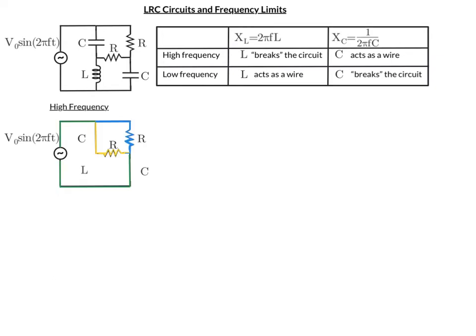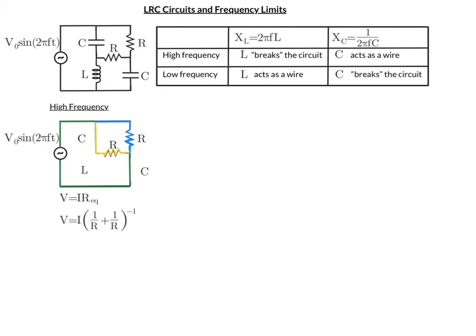What that means is that when the generator provides current, the current will flow here, it will split up into these two branches, it will recombine and return to the generator, so then that current can flow through the circuit for an extended period of time. Then when we apply Ohm's law, the V_RMS is equal to the RMS current through the circuit times the equivalent resistance of the circuit.